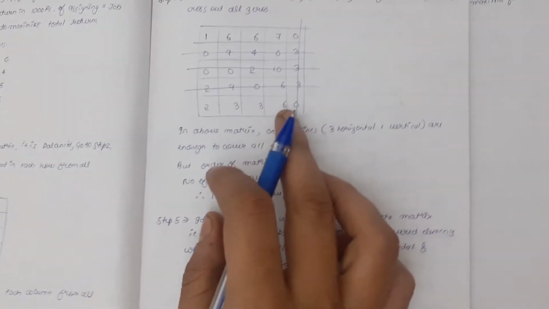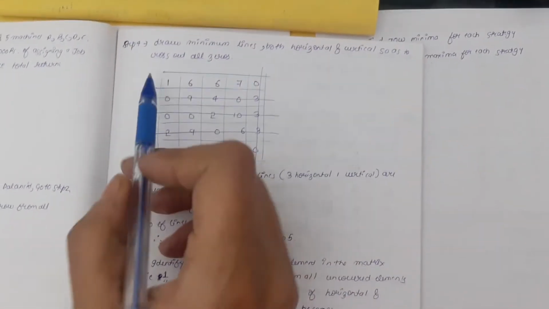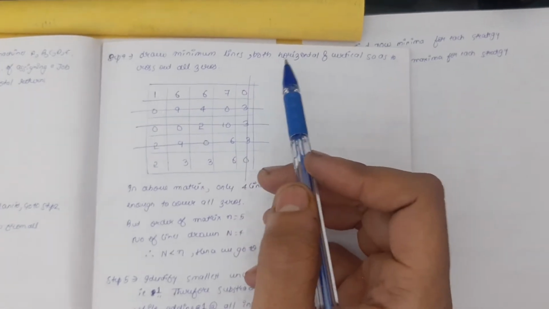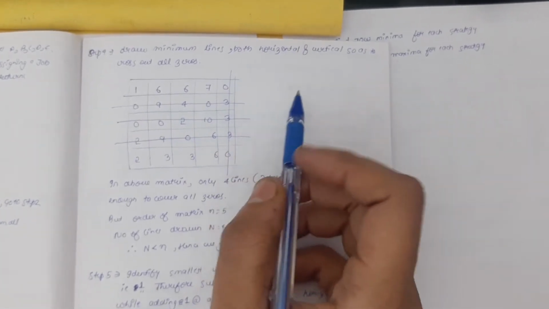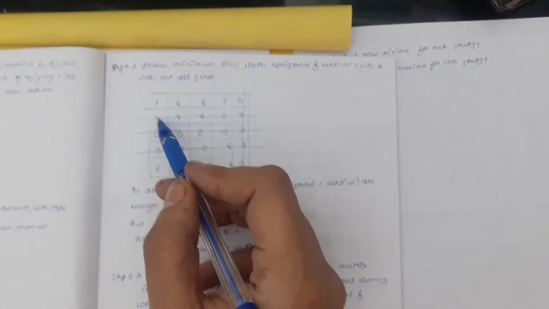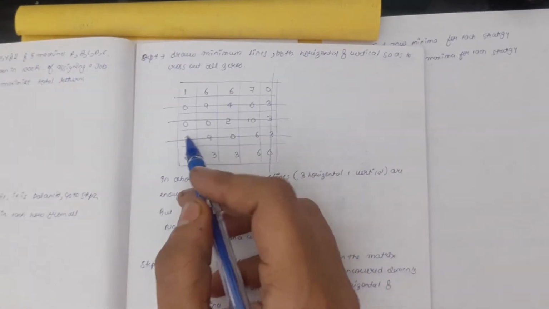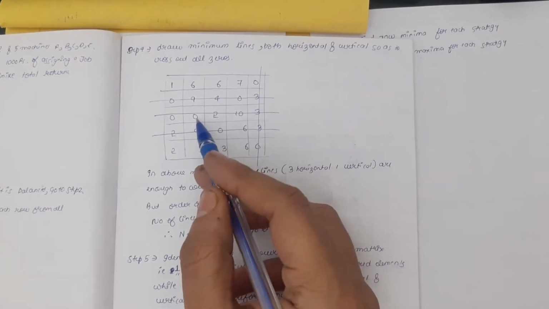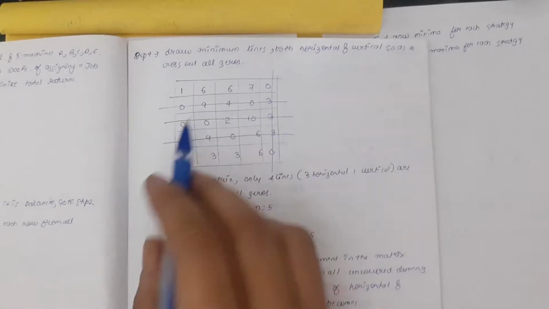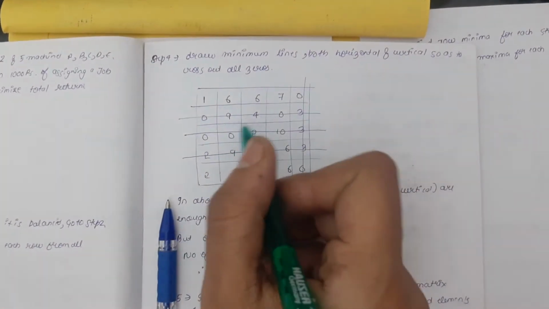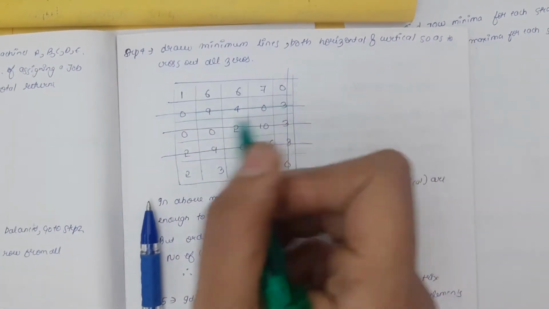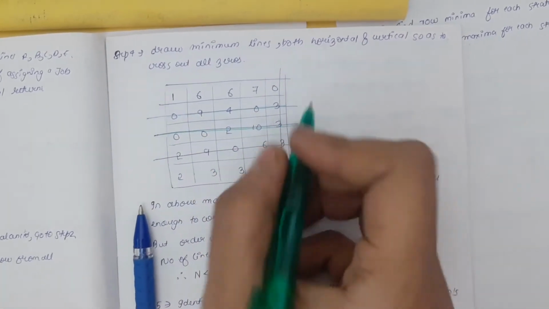After that we come to step number 4. Here we draw the minimum number of lines, both horizontal and vertical, so as to cross all the zeros available in the matrix. We can see that the zeros are in these positions, 1, 2, 3, 4, 5 and 6. To cover all these zeros, we strike off so that a minimum of horizontal and vertical lines are obtained.